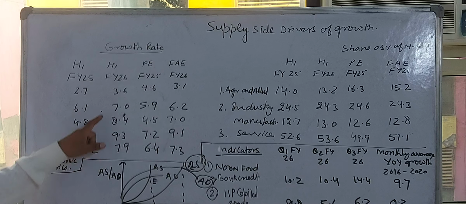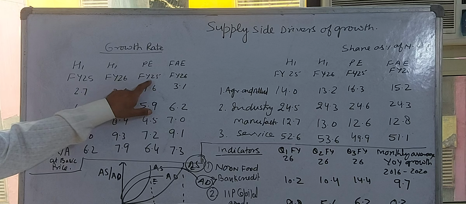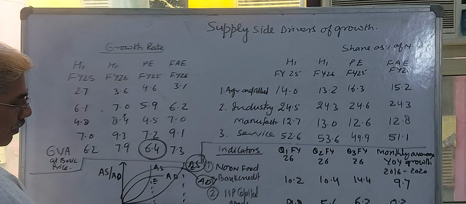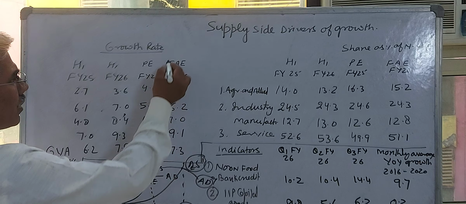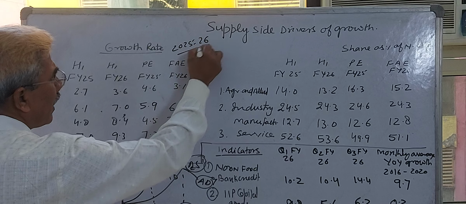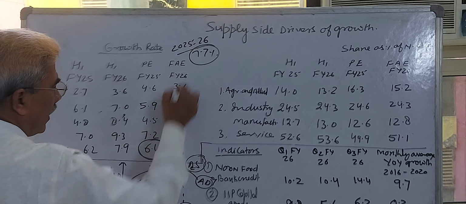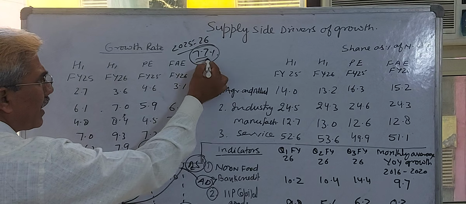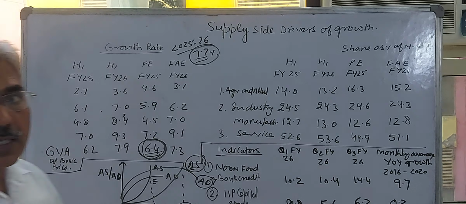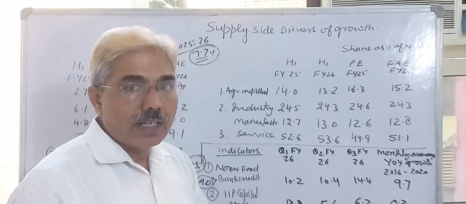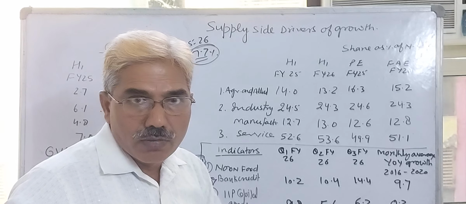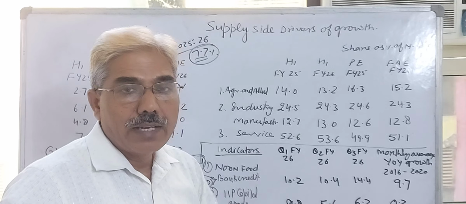As you can see, in the financial year 2025 the growth rate was only 6.4%, but in the financial year 2025-26 it was 7.7%, higher than 6.4%, despite a fragile world economy due to war, due to the Hormuz Strait problem and other factors.